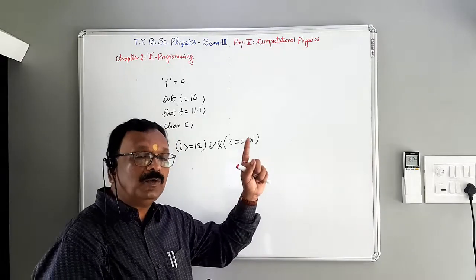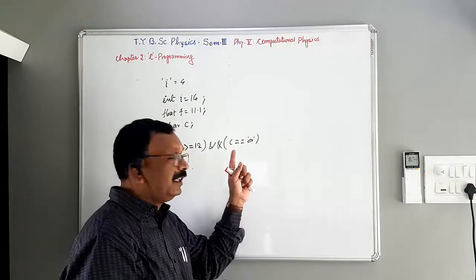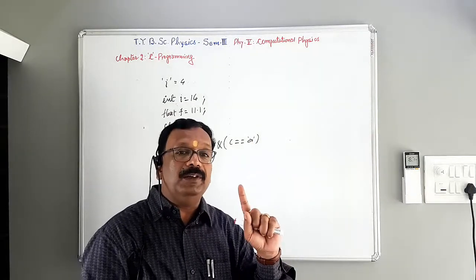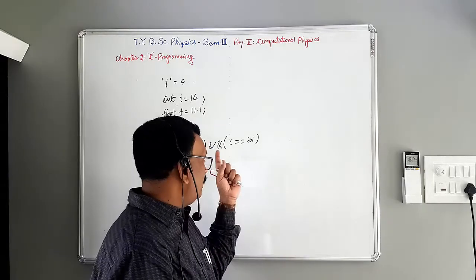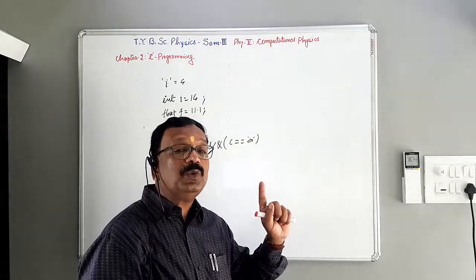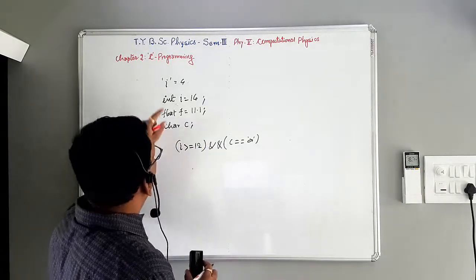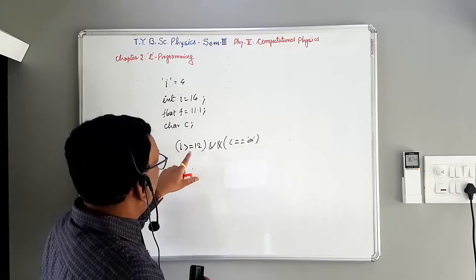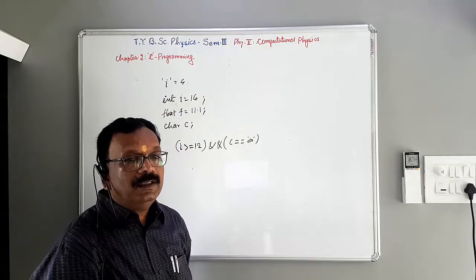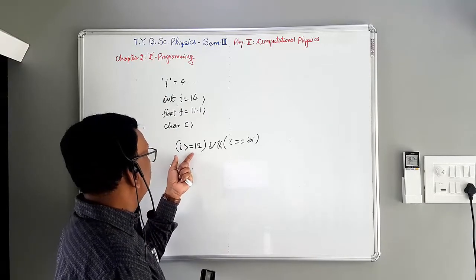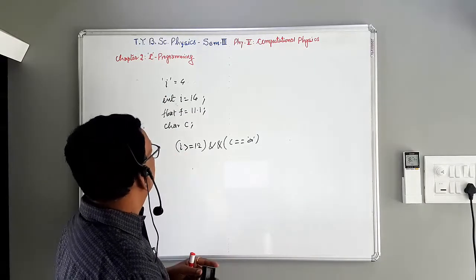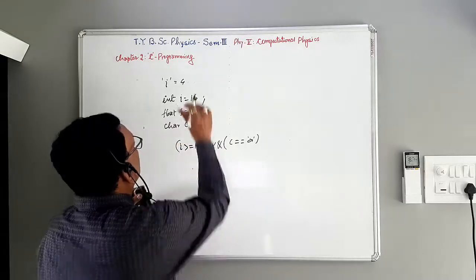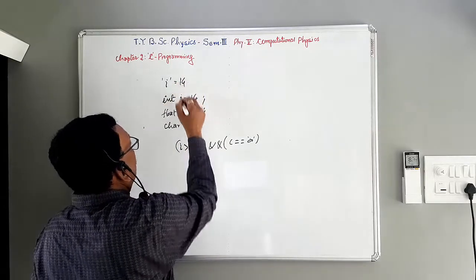If true, then we are going to assign value 1, and if this expression is false, then we are going to assign the value 0. First of all, we are going to check whether this expression is true or false. See here, the value of I is 14.